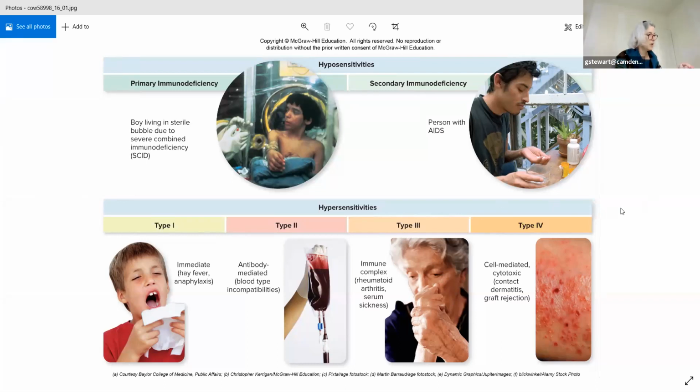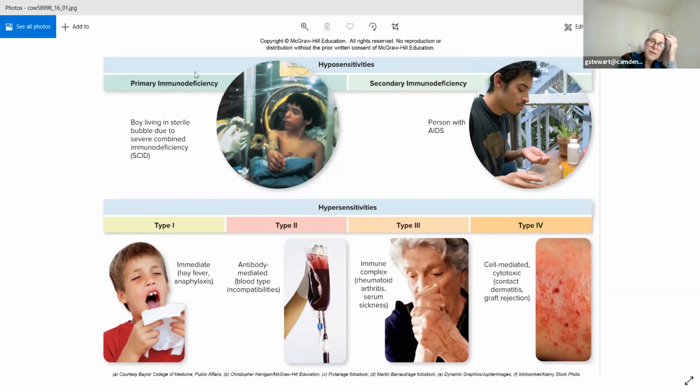All right, so this opening diagram is probably the best for an overview of the whole chapter. So what they're trying to point out here is that there are two main types of disorders of the immune system, what we would call hypersensitivities, or an overexpression of immune products and immune cells, B cells, T cells, immune products, things like immunoglobulin, antibody, as well as hyposensitivities, which represents an under expression of the immune system.